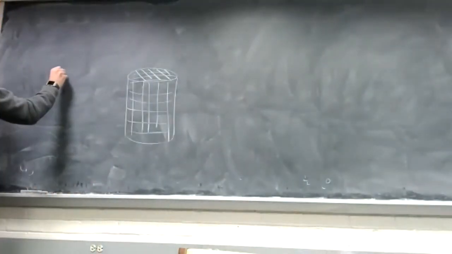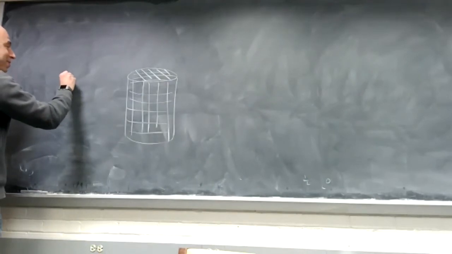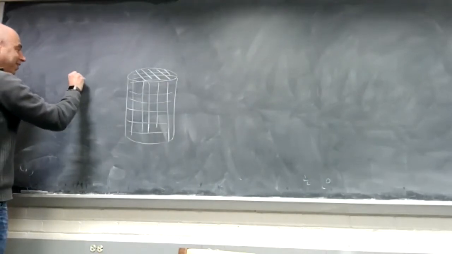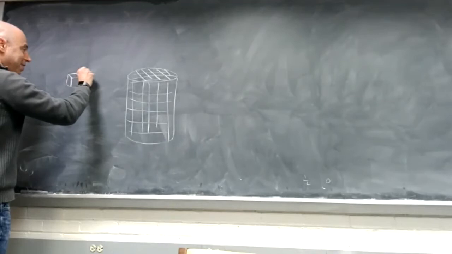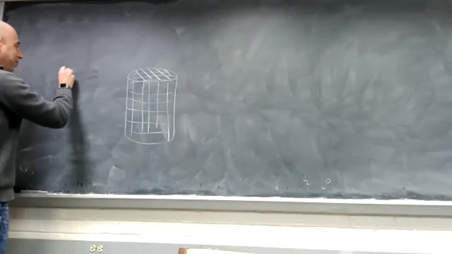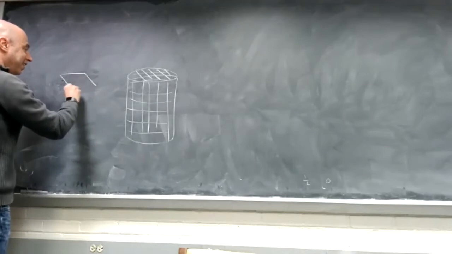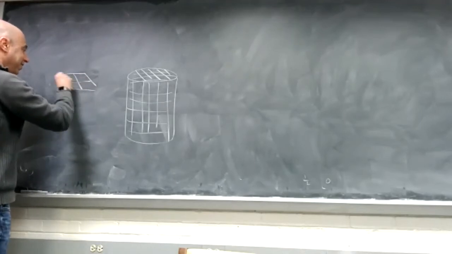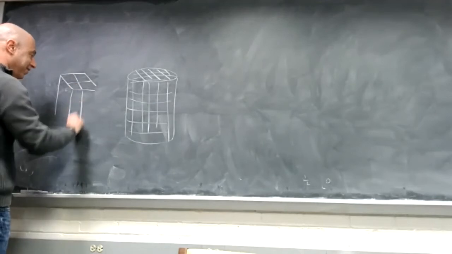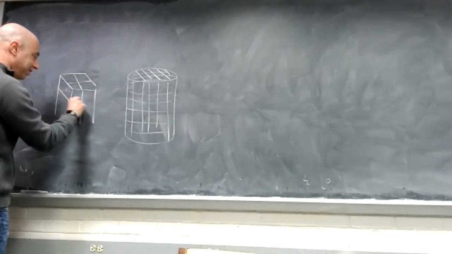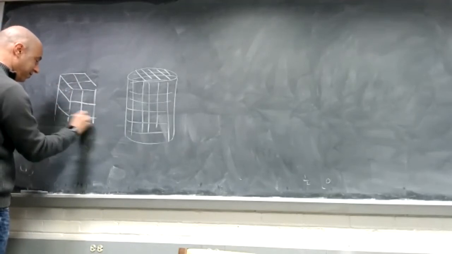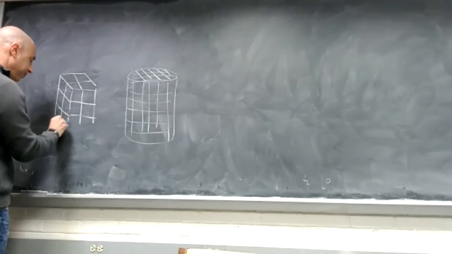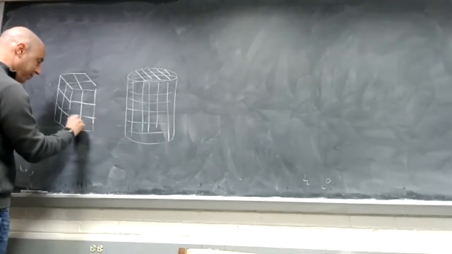So I would start off with a really coarse mesh. You have a cylinder, and I'm going to break this up into cubes. Maybe your cylinder will first look like a brick.